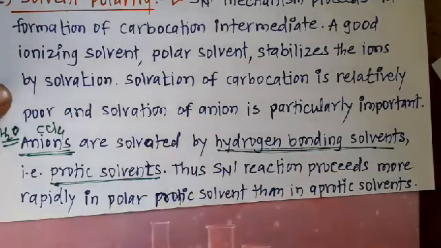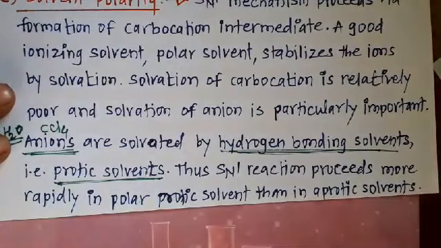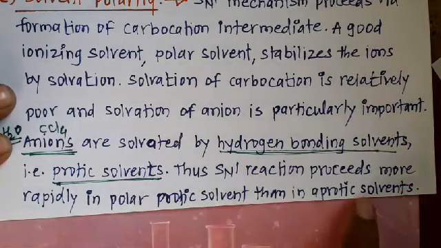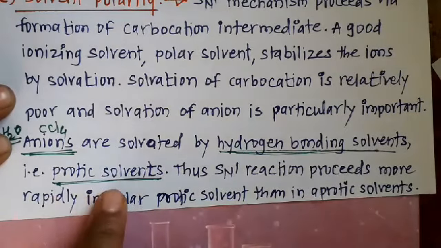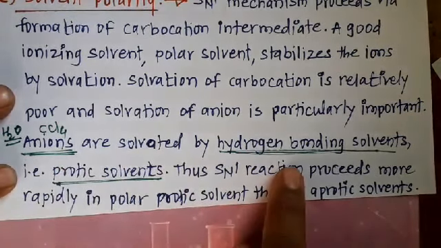Thus the SN1 reaction mechanism proceeds more rapidly in a polar protic solvent than in an aprotic solvent. Means if we use a protic solvent in the SN1 reaction mechanism, the rate of the SN1 reaction becomes faster than with an aprotic solvent, because the protic solvent stabilizes or solvates anions easily by hydrogen bonding.